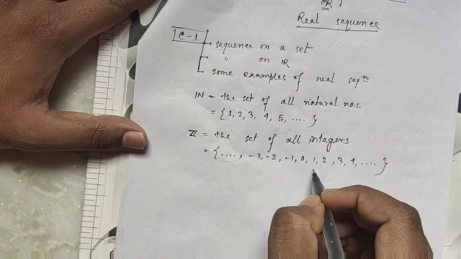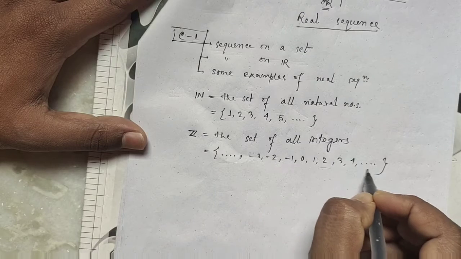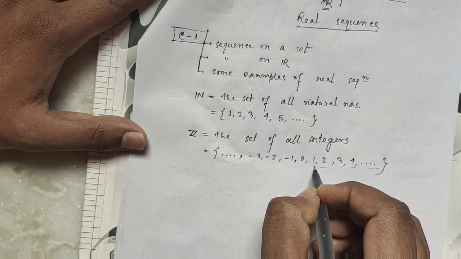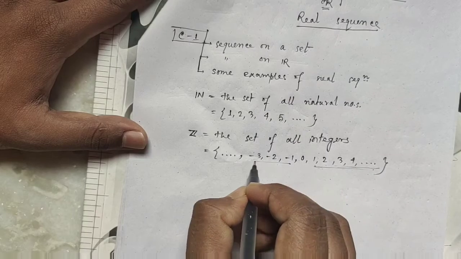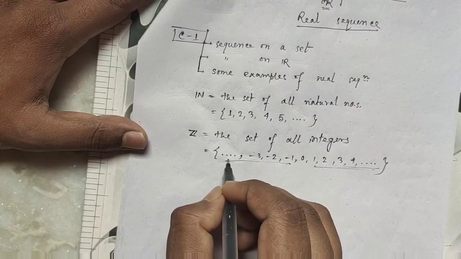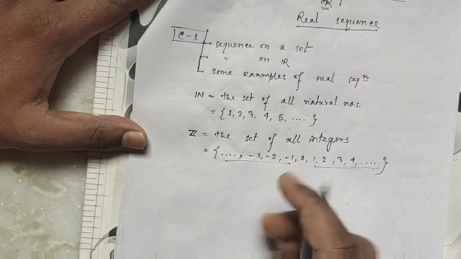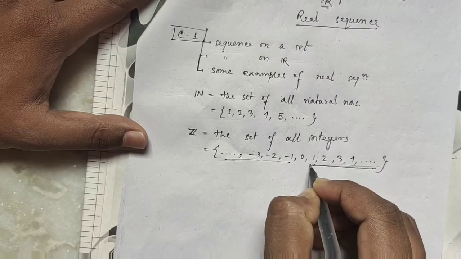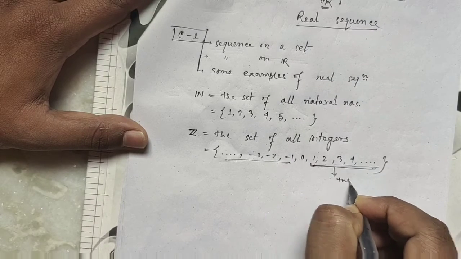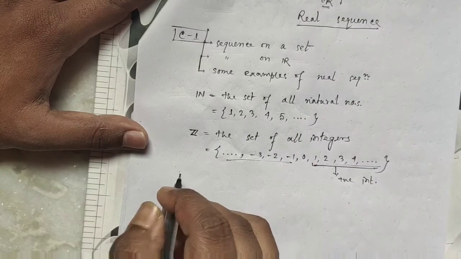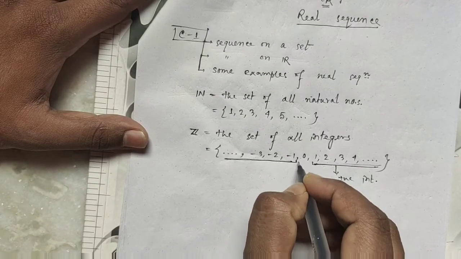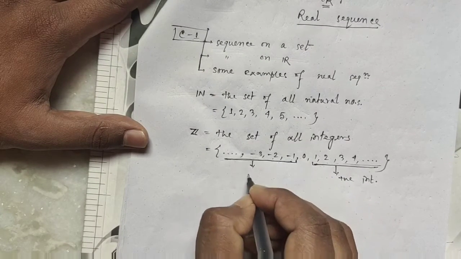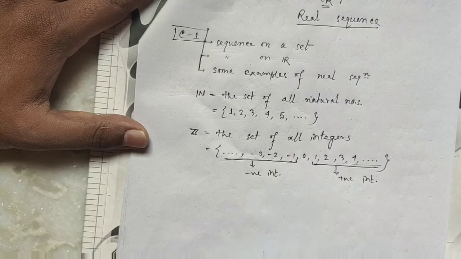These are called positive integers, 1 to infinity. And these, 0, -1, -2, -3, are called negative integers.